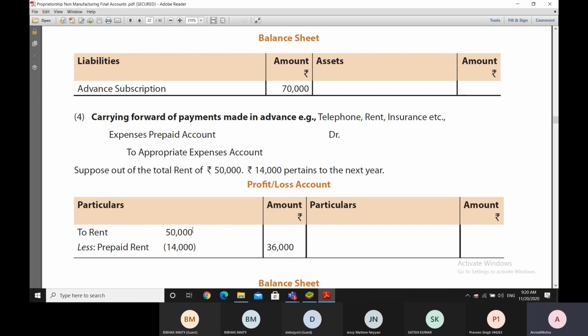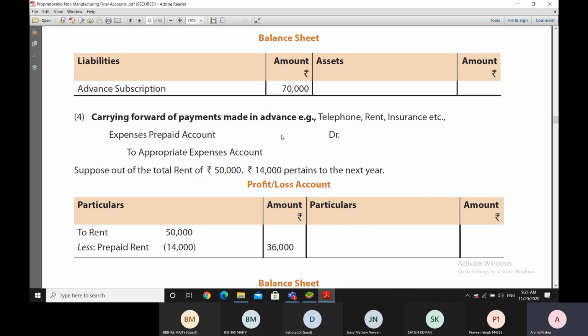Now we make the adjustment because part of this rent has been paid in advance. It is not meant for that year. So we credit the appropriate expenses account, which means that we are crediting this rent account, and when we credit this rent account, we are reducing the amount from the rent account, and we are debiting the expenses prepaid account.